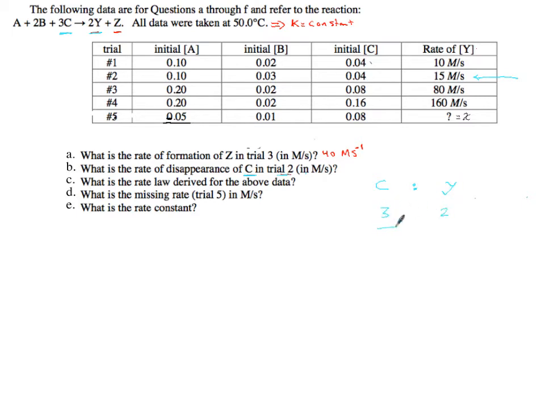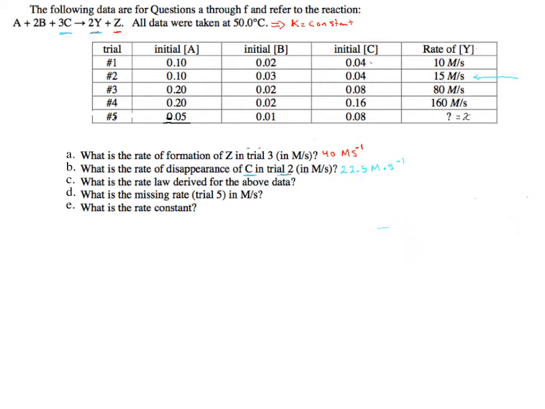That's the relationship. So for Y, it's 15. And this time we put the variable X for C. Cross multiply, and X is 45 divided by 2, which is 22.5. So it's 22.5 mole per decimeter cube per second as the answer for the next question.